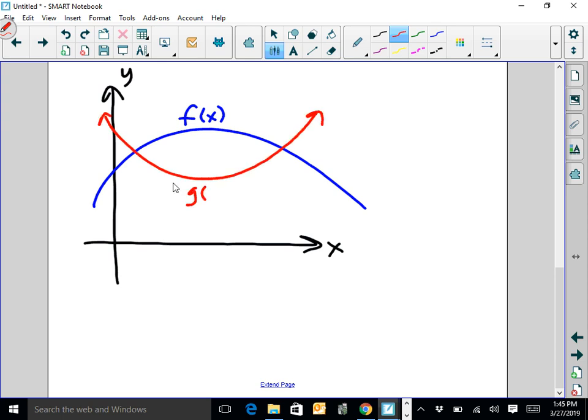Now what if I told you the cross sections, right? This region here is the base of a solid, and now the cross sections are isosceles right triangles with leg in the plane. Okay? Well, how would we do that?